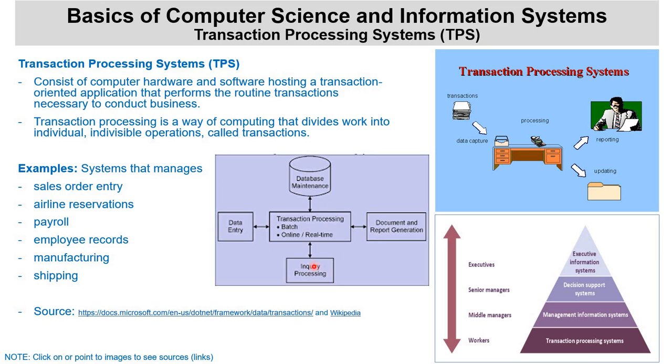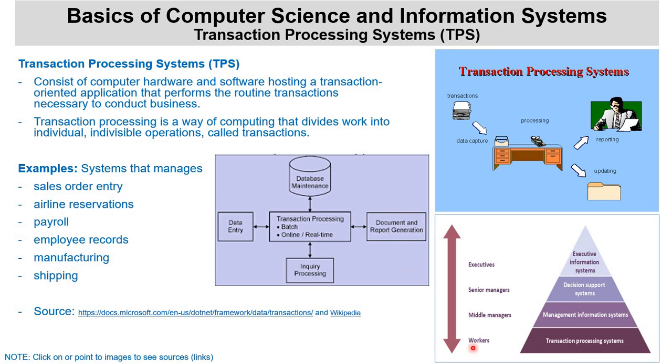So which simply means in a transaction processing system, there's some kind of database that is being maintained, and there are transaction processes in terms of batch or online or real time, depends on what you want, or the payroll, or employee record, and depending on the query or inquiry you made, the system acts in a way that it brings out the specific information and reports out that information.